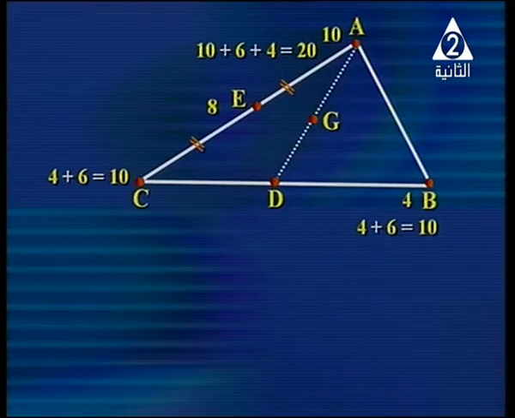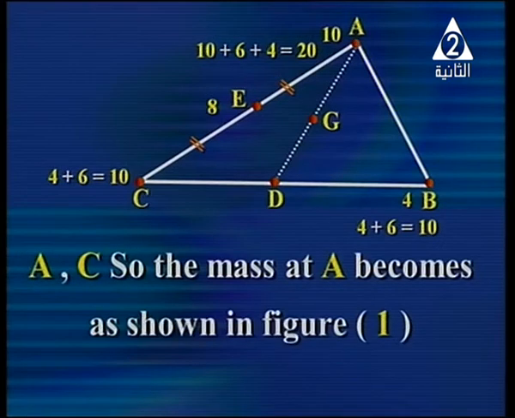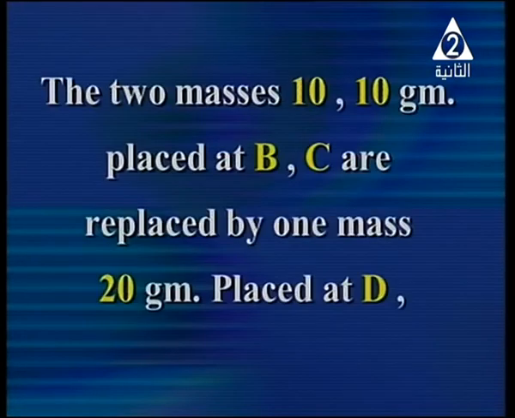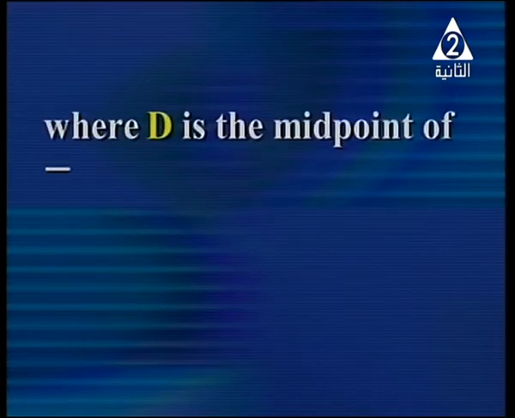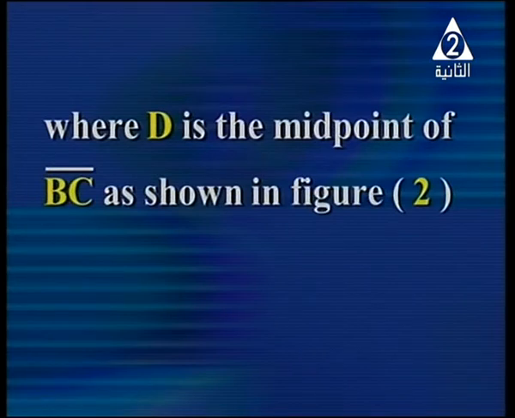Point B, 4 plus 6, 10 gram. Point C, 4 plus 6 equals also 10 gram. So the mass at A becomes as shown in the figure. Then the two masses 10 and 10 gram placed at B and C are replaced by one mass of 20 gram placed at D. D is the midpoint of BC as shown in the figure.